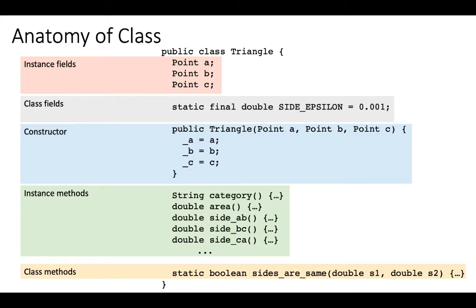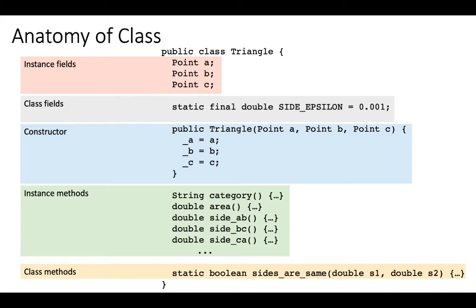We had instance methods. These are methods that, in order to call, I need an instance because these methods are going to require the fields of a particular instance in order to come up with their answer, right? So if I'm going to ask for the category of a triangle, I need to ask for the category of a specific triangle.